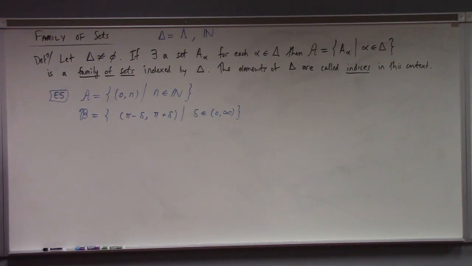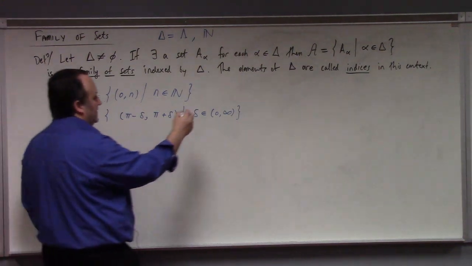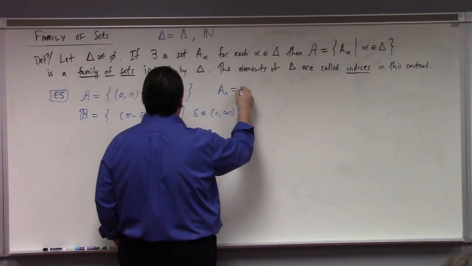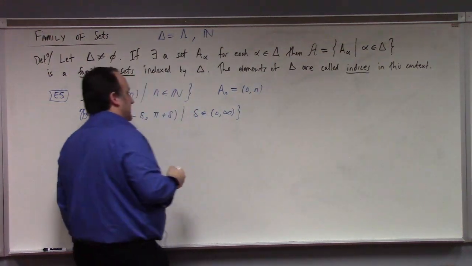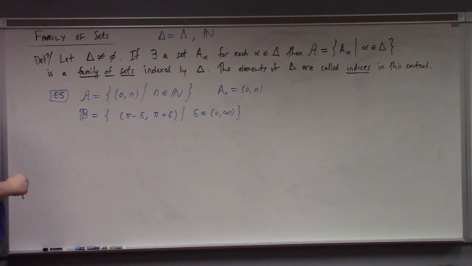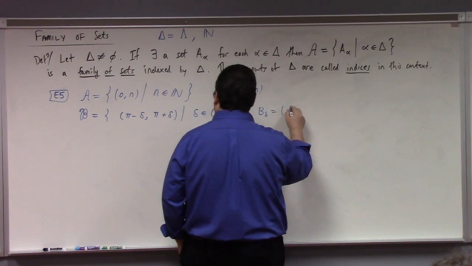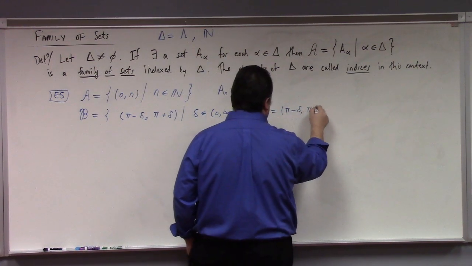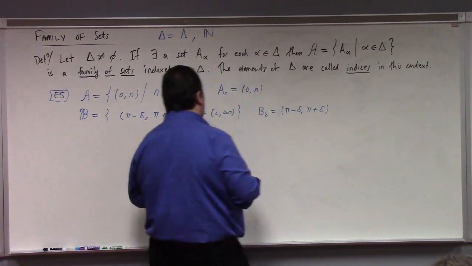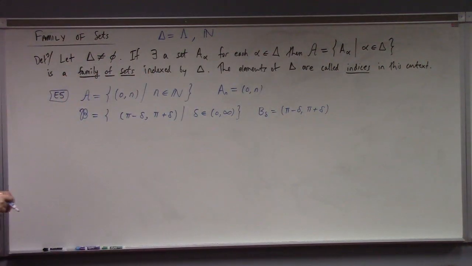So the first set has a natural number index, like A sub n would be 0n, for instance. In this one, my typical member of this family of sets I might call B sub delta, pi minus delta, pi plus delta, right? In this case, the index is an arbitrary positive real number, right?